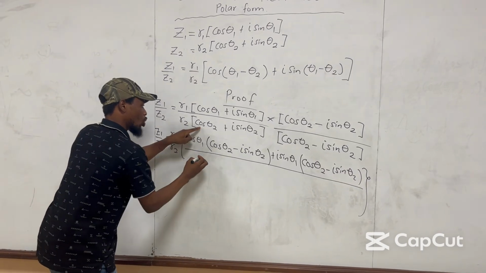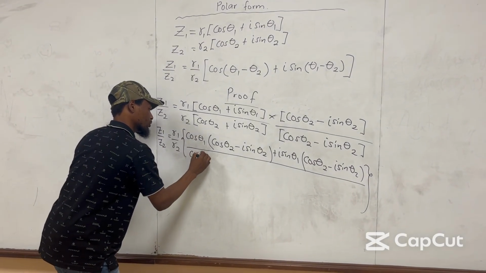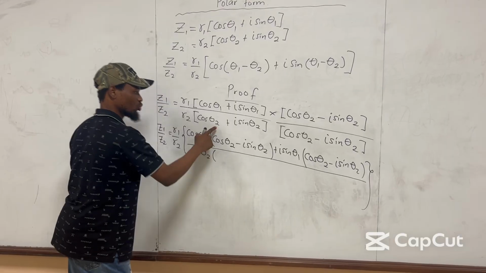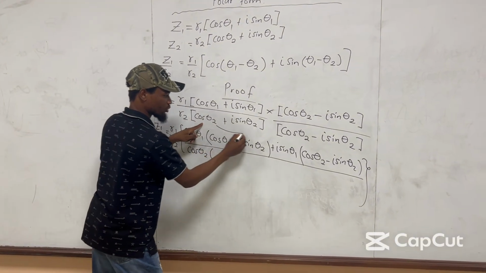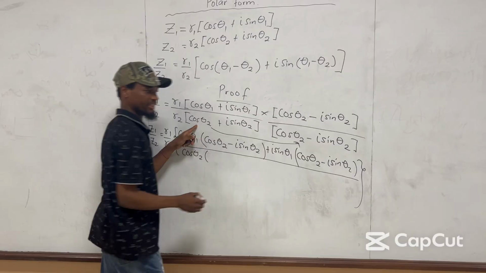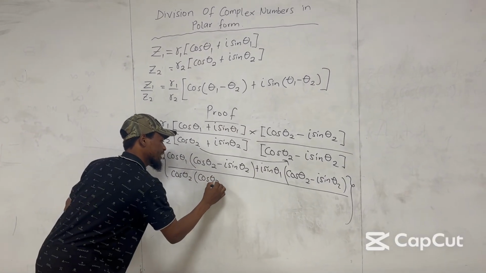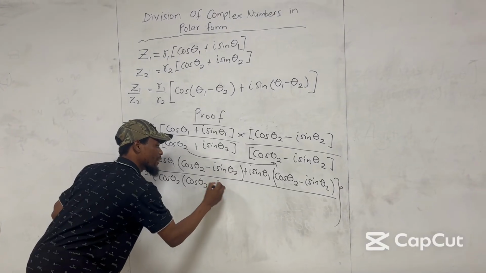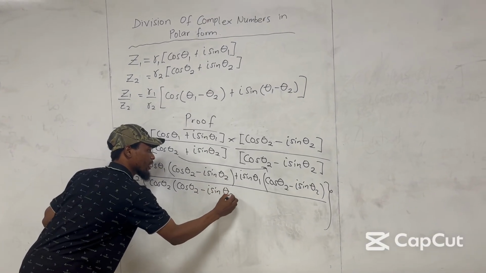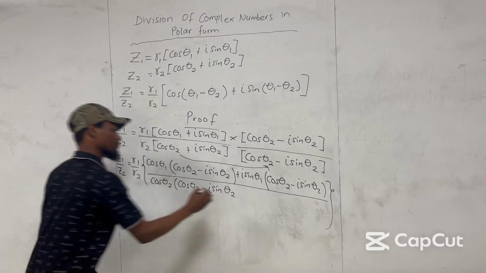Then all over, I have cos theta 2, this also multiplies everything here, so I have cos theta 2 minus i sin theta 2.